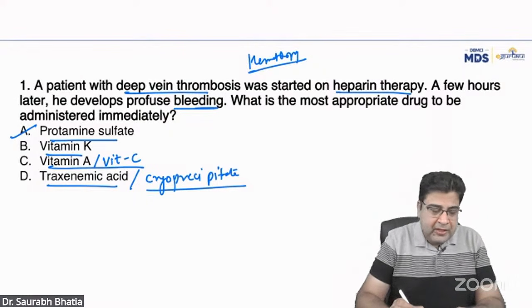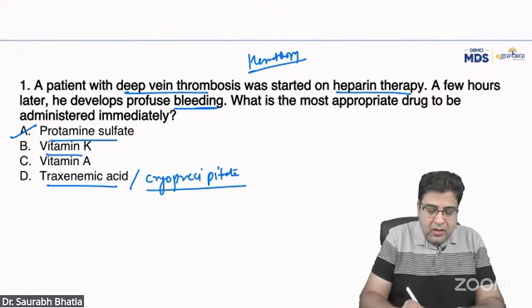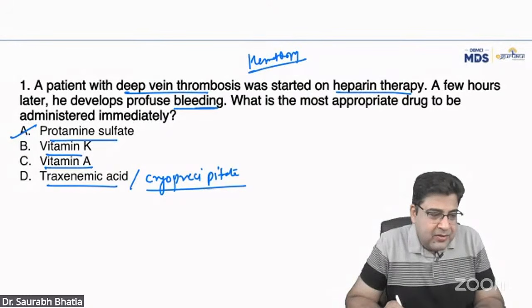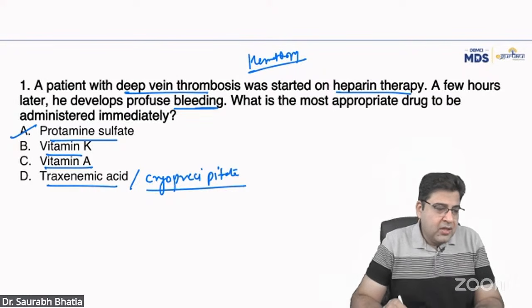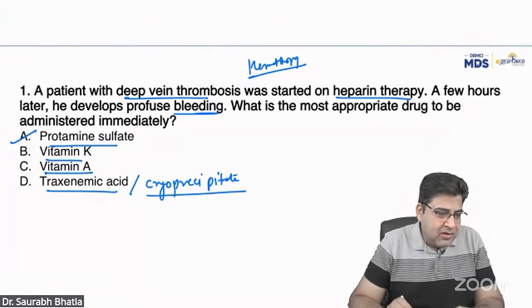So I'm removing vitamin C. Vitamin A was there. Now, was tranexamic acid given or was cryoprecipitate given? Tranexamic acid was there. Some students have told me protamine sulfate was not there.